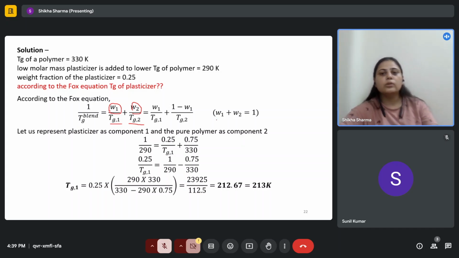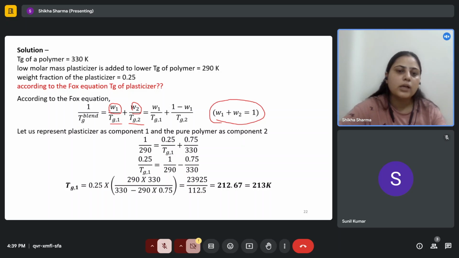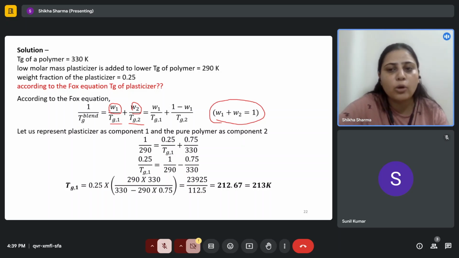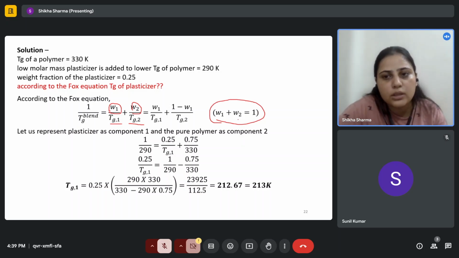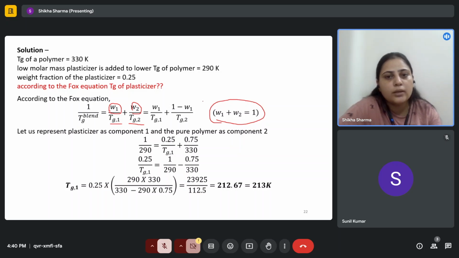Here we are also taking that the weight fractions of the plasticizer and the pure polymer sum to 1. So we are rewriting the whole equation in terms of W1, the weight fraction of the plasticizer.